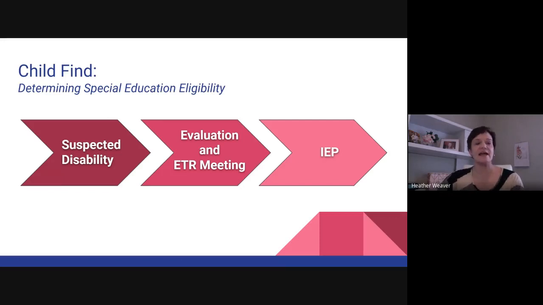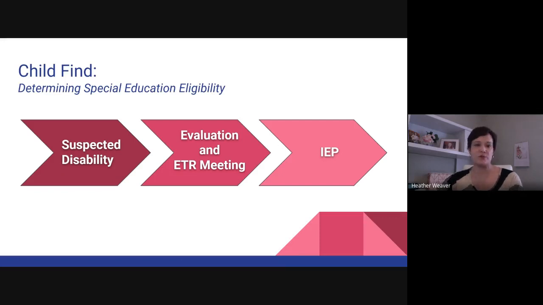Now, child find is the legal requirement that schools have to identify and evaluate children who are suspected of having a disability and who might be in need of special education or related services. And really, that entire process has three major components that you can see on the screen there.